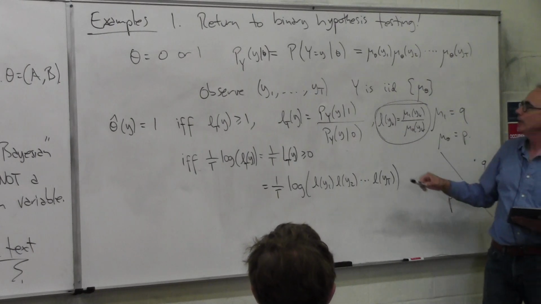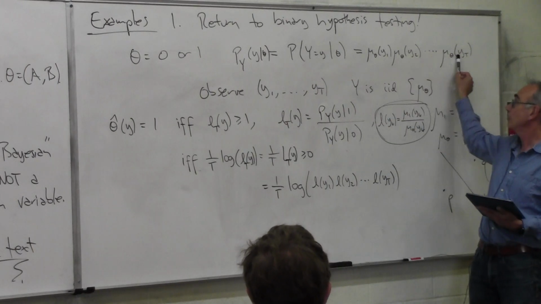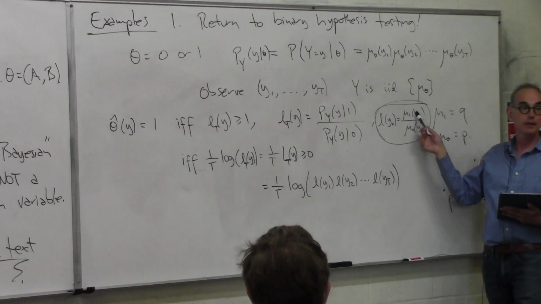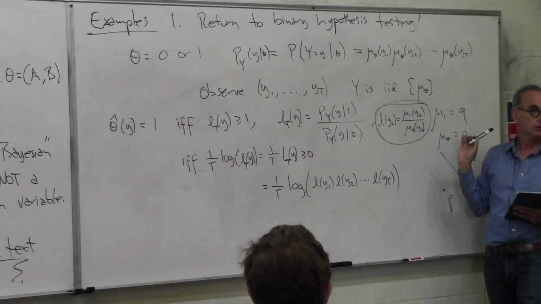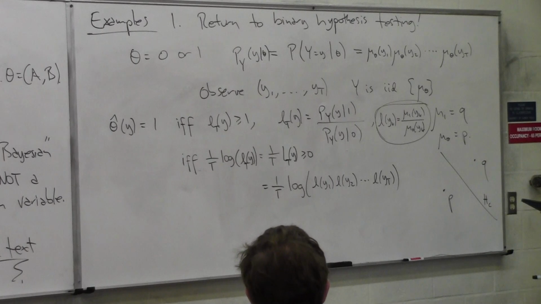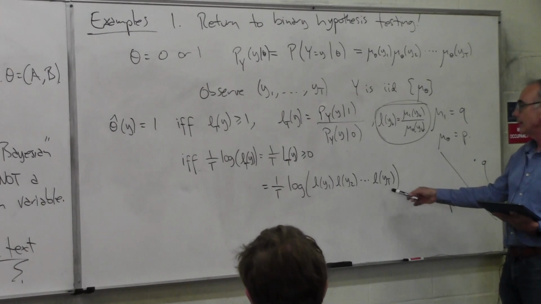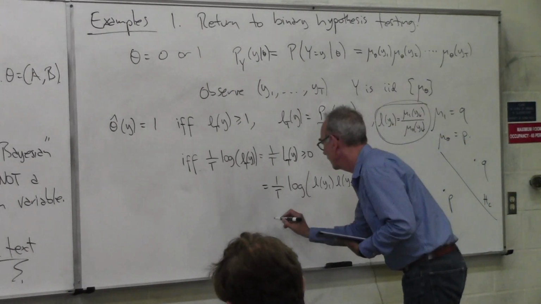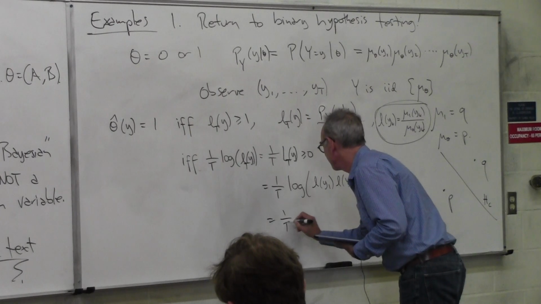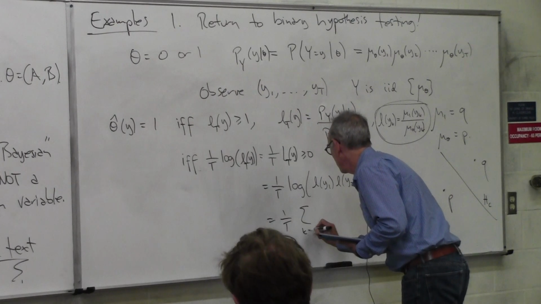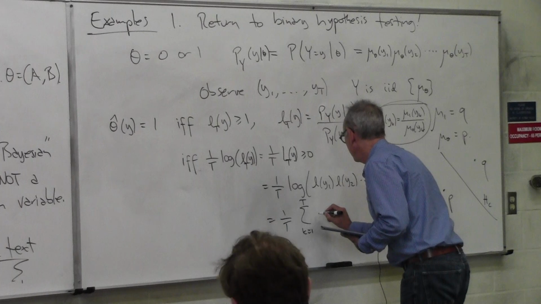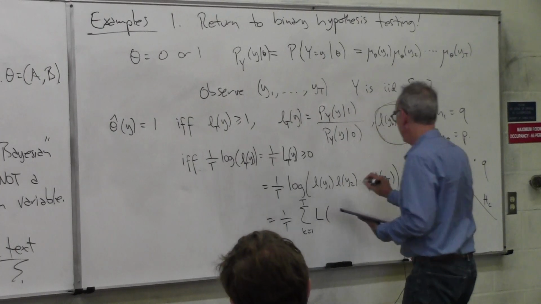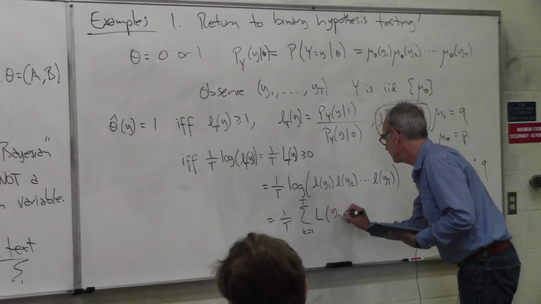And now I'm looking at a ratio of these two guys, which are each products. They're all basically products of these ratios. Okay? All right, and so that's why I get this is equal to 1 over t times the summation k equals 1 to t of L of yk.